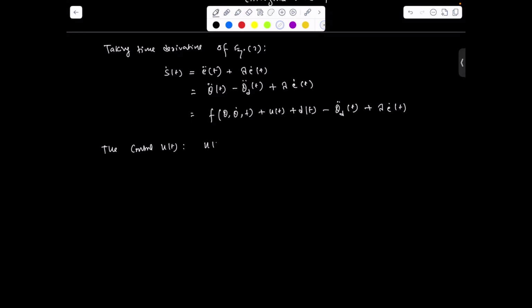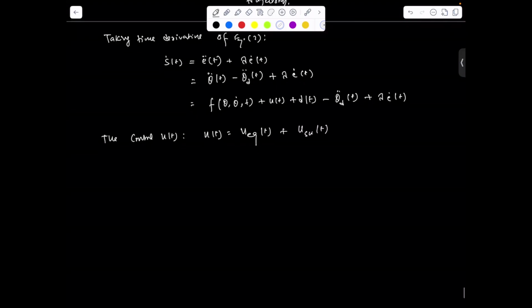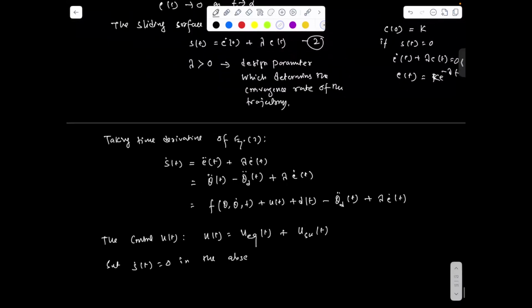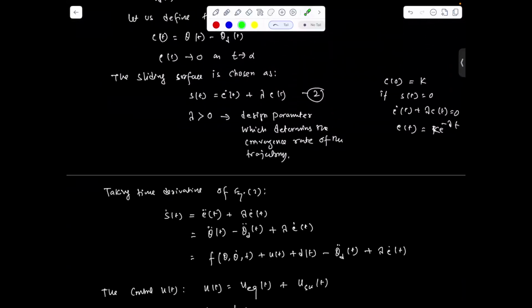So if you remember from the last lecture, the control U of T can be defined as U of T equal to U EQ of T plus U SW of T. Here, set S dot equal to 0 in the absence of disturbance, why you're taking S dot equal to 0, that is also we have defined. In the absence of disturbance, this is basically an asymptotically stable function.